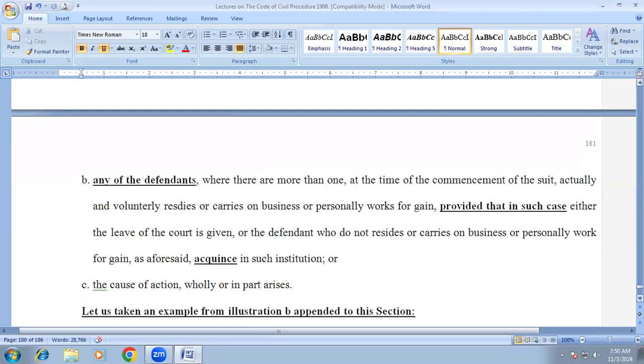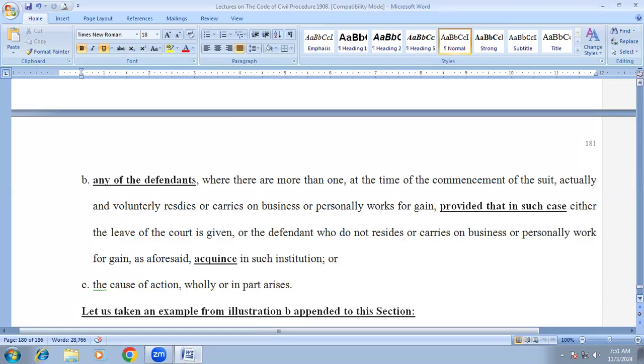But it is very important to note in this case that at the time of or after filing the civil suit, permission of the court in which the civil suit is filed is to be taken. Or, if the defendants who do not reside or carry on business or personally work for gain within the jurisdiction of that court remain silent in such institution, then the civil suit can proceed further even without taking the permission of the court.